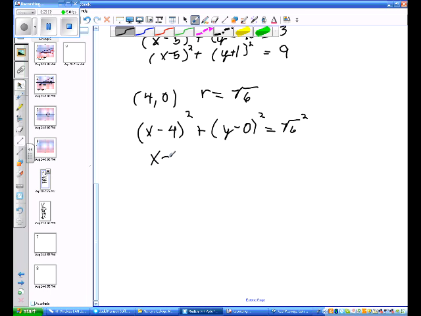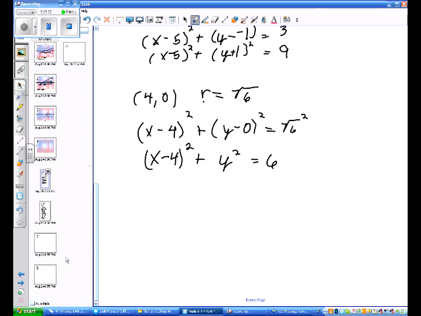So this will be (x minus 4) squared plus y squared equals 6. We have our equation for our circle. So if you're given a point and you're given the radius, you should be able to write the equation.